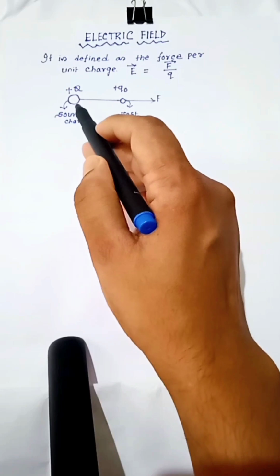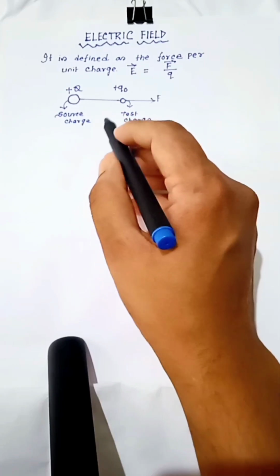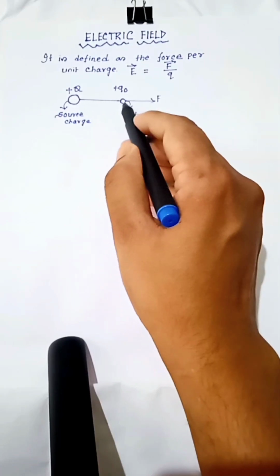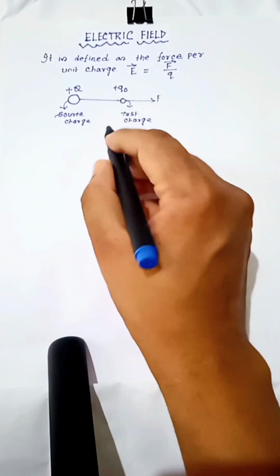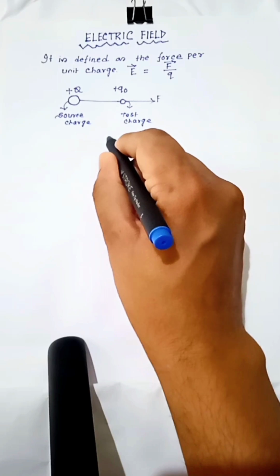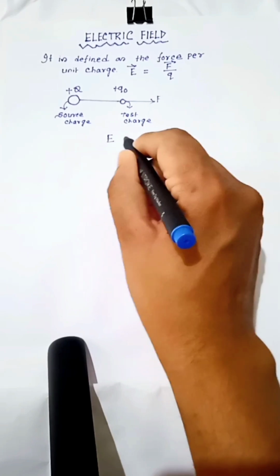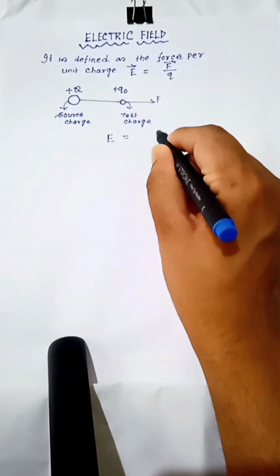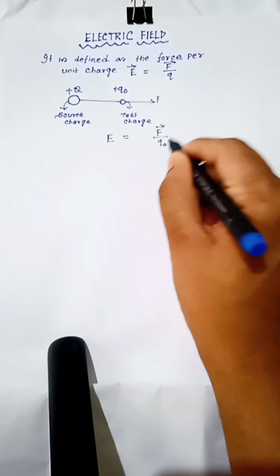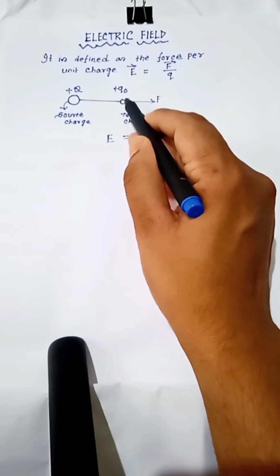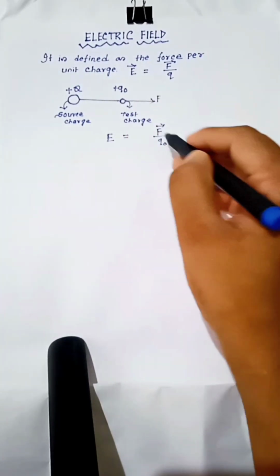So what will happen here in this context? This test charge will experience a force, and we can write that electric field is equal to F by Q0, because this test charge is experiencing force.